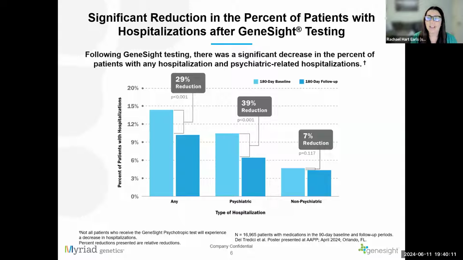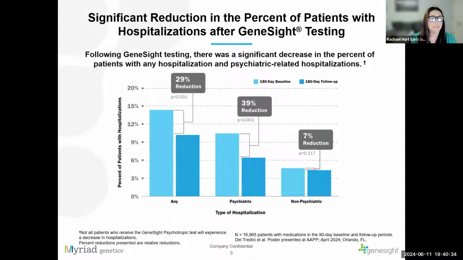What you can see is after GeneSight testing, there was a significant decrease in any hospitalization. So a 29% relative reduction in hospitalization for these patients following GeneSight testing. However, when you break this down into psychiatric versus non-psychiatric hospitalizations, you see that the bulk of the reduction is coming from psychiatric hospitalizations.